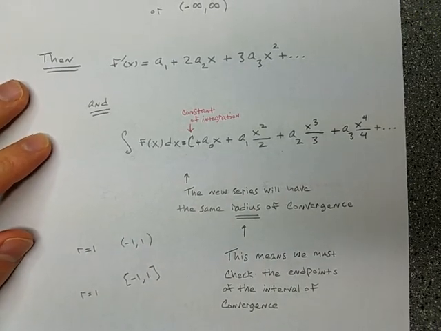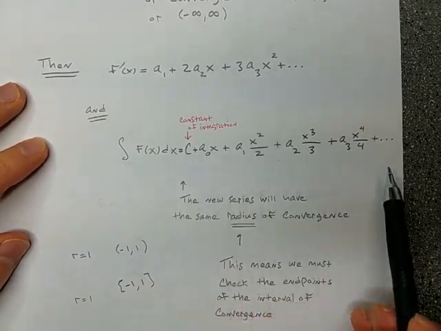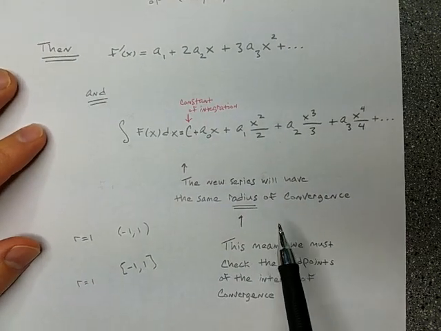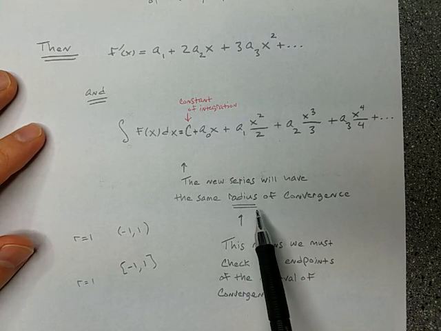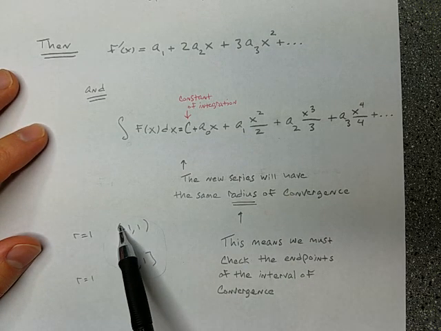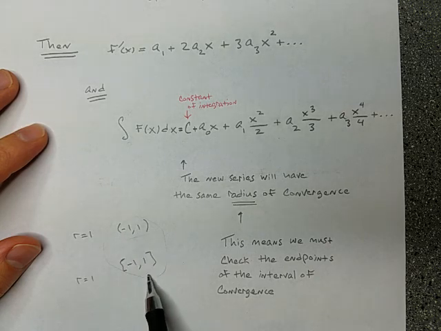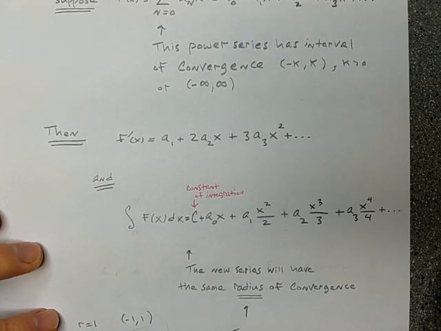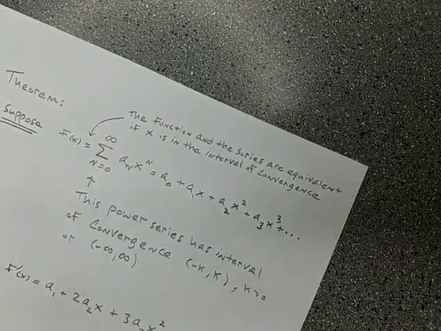So when we get this new series through the operations, it has the same radius of convergence. That doesn't mean the interval is exactly the same, because this interval and that interval have the same radius. That just means that we have to check the endpoints of the interval of convergence when we do this, okay?